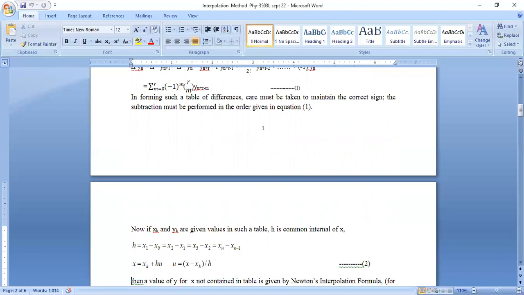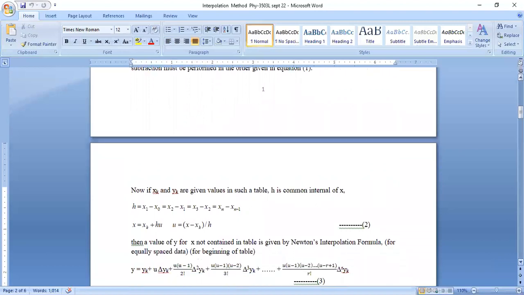So now you can see, the value of y for an x which is not contained in the table is given by Newton's interpolation formula, right? Which has equal spacing.